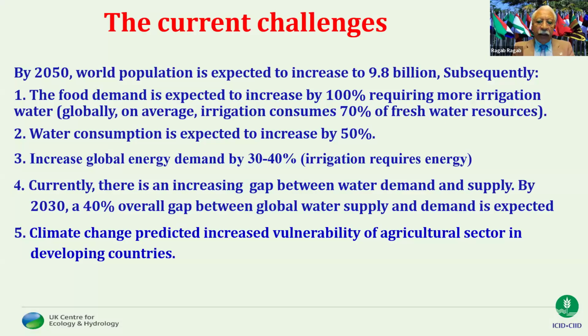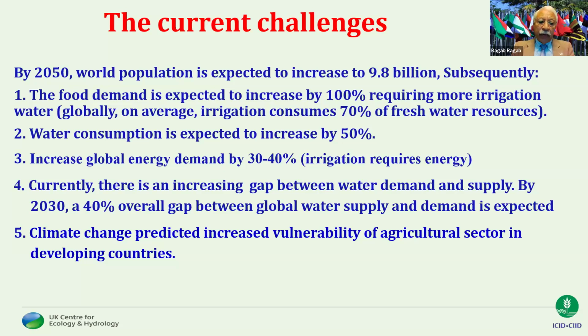We are facing so many challenges. By 2050, the world population is expected to increase to 9.8 billion. And that requires that the food demand is expected to increase by 100%, and that requires more irrigation water. And freshwater resources are really very limited.